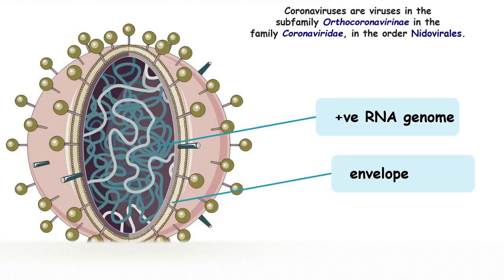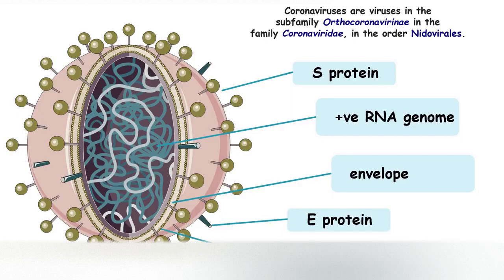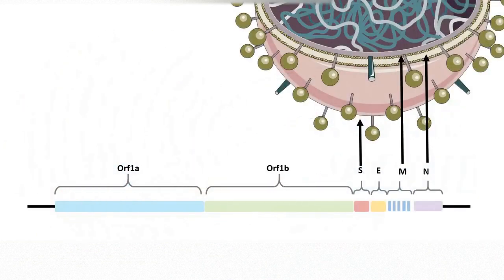Apart from the genetic material, there are envelope proteins, there are S proteins, there are E proteins and M proteins, which are all accessory proteins which are important for the viral survival. Now, what we need to know is the viral genome encodes for all of these proteins.